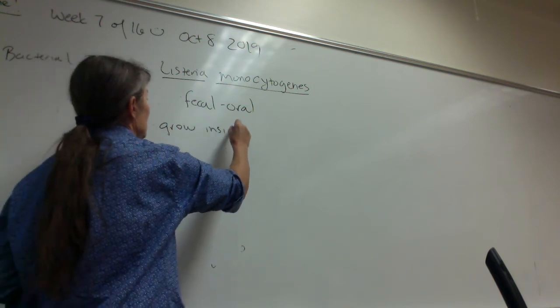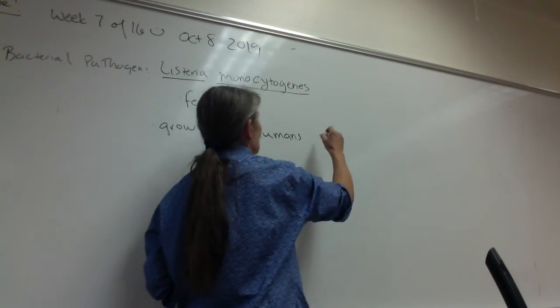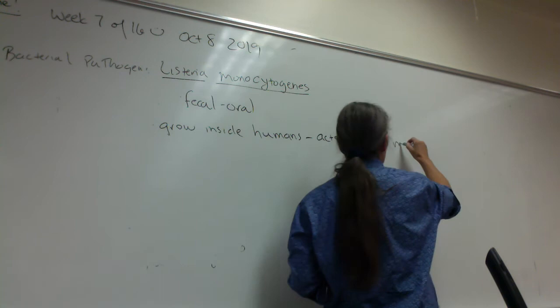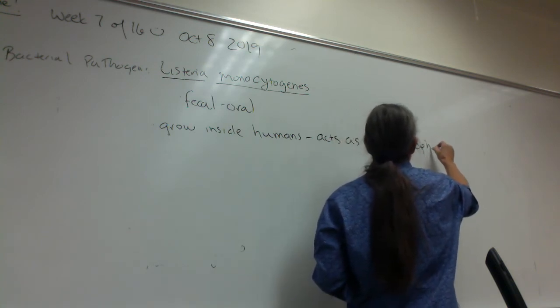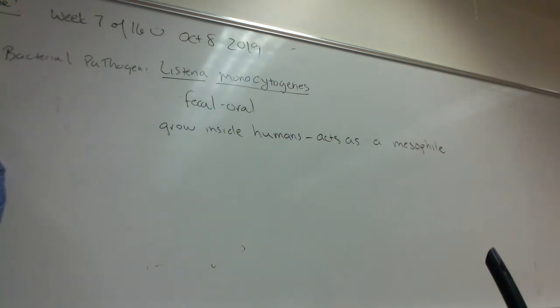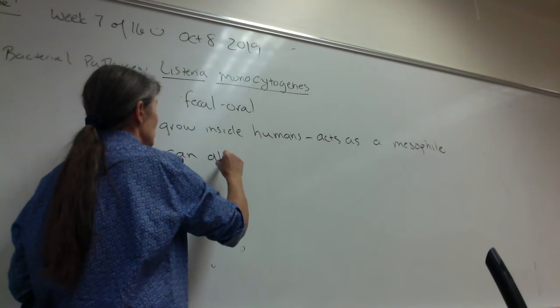Anyway, so what's interesting about this little guy is that it can grow inside humans. And thus, how would we classify it, you guys? It would therefore act as a what? As a mesophile, right? But what is wild is that it can switch to becoming a psychrophile because it can also grow in refrigerators.